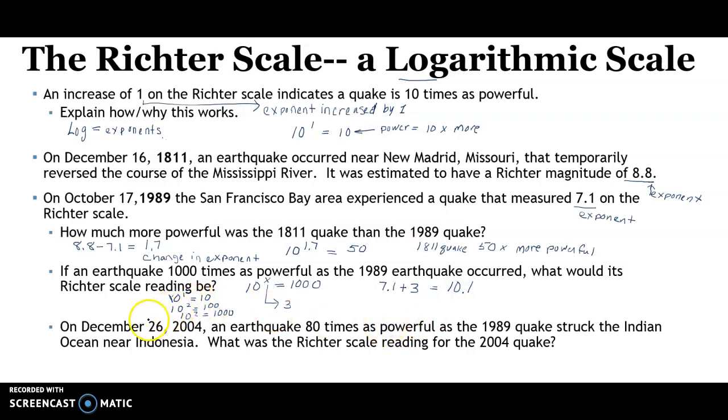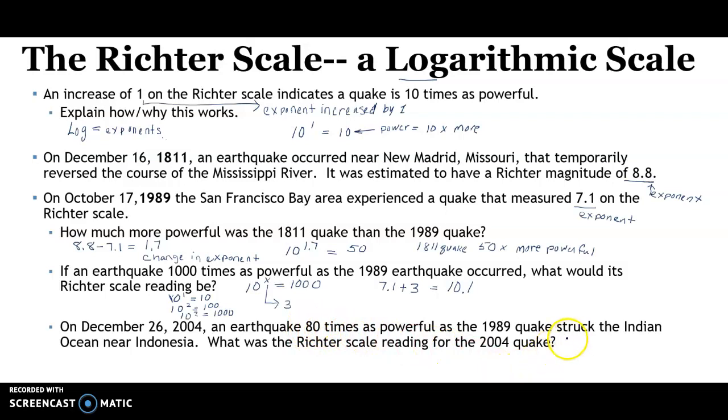Our next bullet point asks us about a quake that occurred December 26, 2004. It was 80 times as powerful as the 1989 quake. It struck in the Indian Ocean near Indonesia. You may remember that. It was very devastating. So we are asked here to figure out what the Richter scale reading is based on the fact that it is 80 times as powerful.